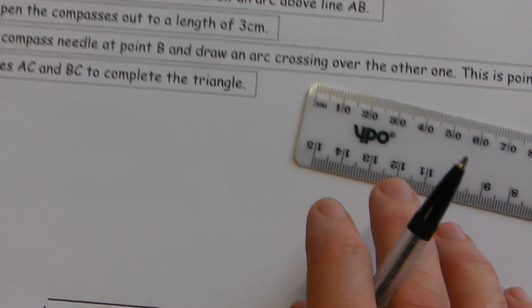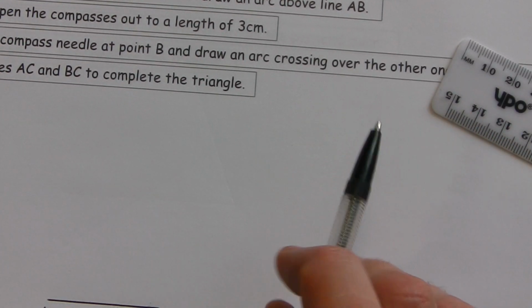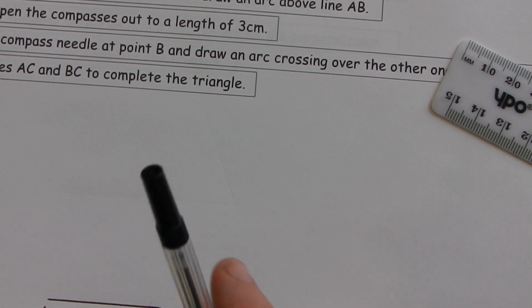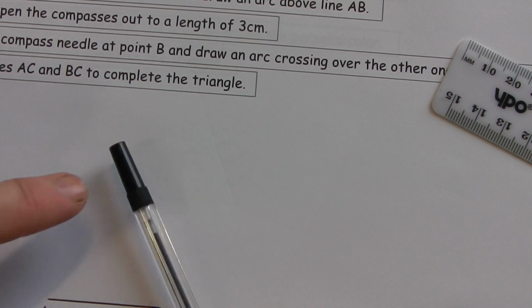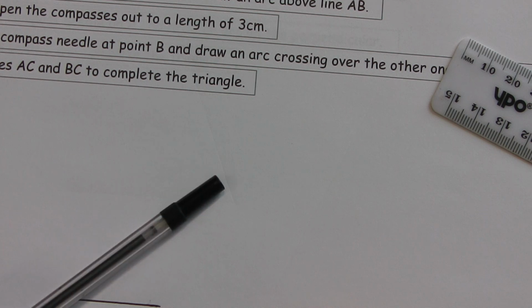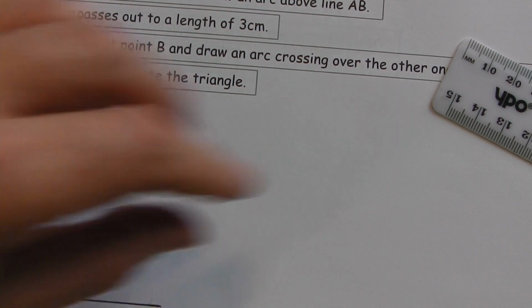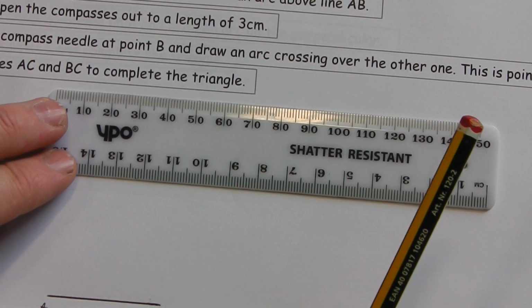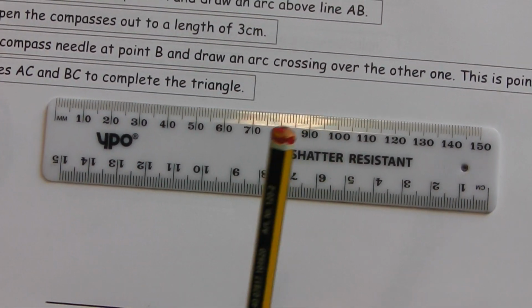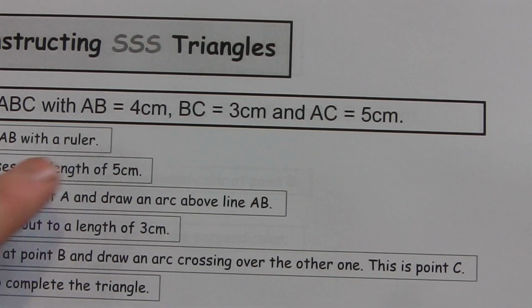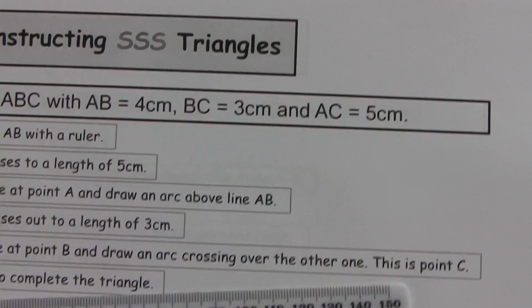Now, as we look, we've got a length for side BC, wherever that goes, and we've got a length for AC, and it's wherever those two cross. And because we don't have an angle, we don't know exactly where they're going to cross. So I'm going to do BC first. If you just slide down, we can see that BC is equal to 3 centimeters.